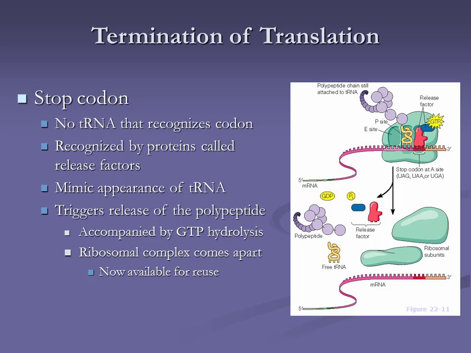You see the common theme here? GTP energy at each and every step. Elongation takes two of them. We also have to have energy to link the amino acid to the tRNA, but that's the only place we see ATP instead of the GTP. All right?